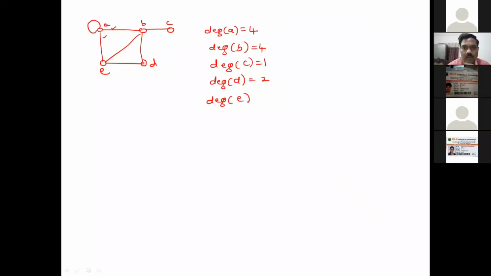And degree of E is 3. So one important note is what? A self loop will contribute a degree 2 to that vertex.